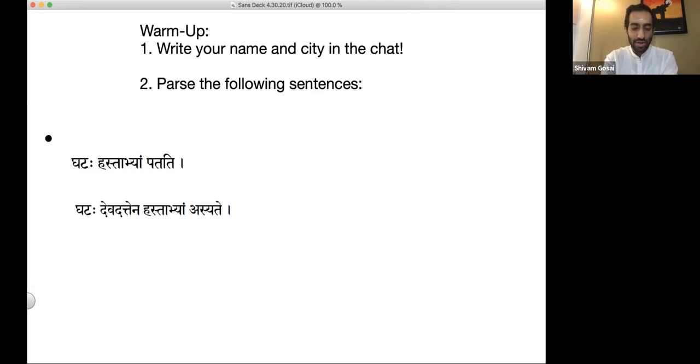Then we look at the 1-1. So gataha, we already said this before, so it's 1-1. If it's karmani prayoga, it's going to be karmani prathama to asyate. So the pot has fallen.